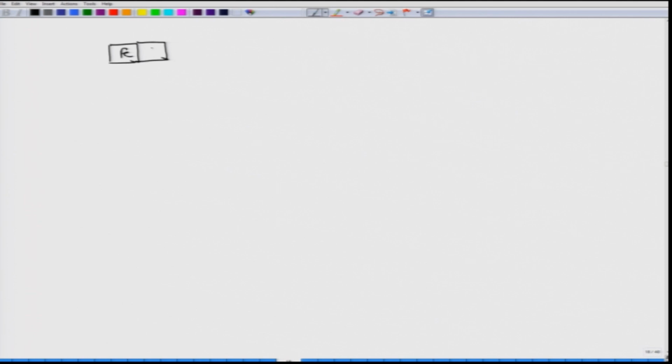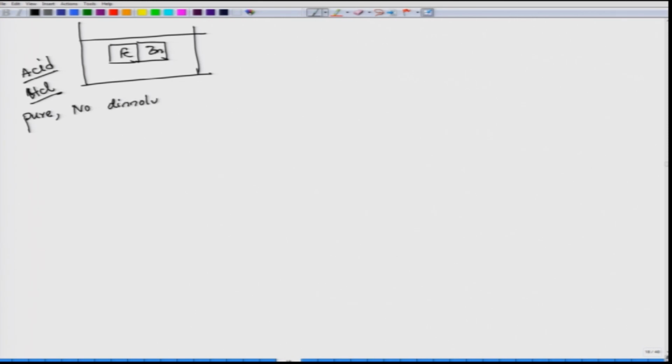and zinc, this galvanic couple is placed in acid, let us say HCl acid. The situation would be like there would be one reduction reaction, and if this acid HCl is pure as well as has no dissolved oxygen, then we do not have any other reduction reaction except hydrogen reduction.